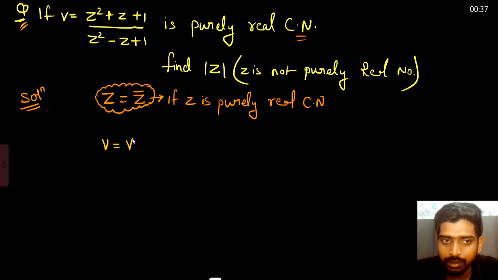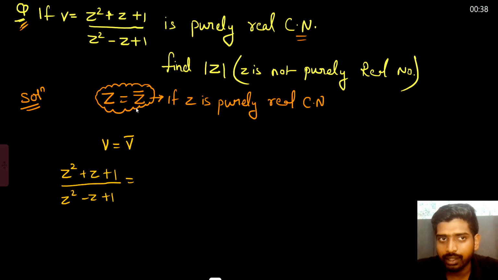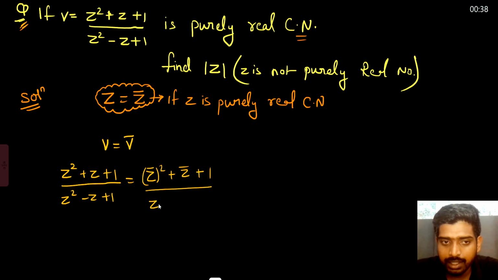So v will be equal to the conjugate of v. V they've given in the question as z square plus z plus 1 divided by z square minus z plus 1, is equal to the conjugate of v, which will be z conjugate whole square plus z conjugate plus 1 divided by z conjugate square minus z conjugate plus 1.